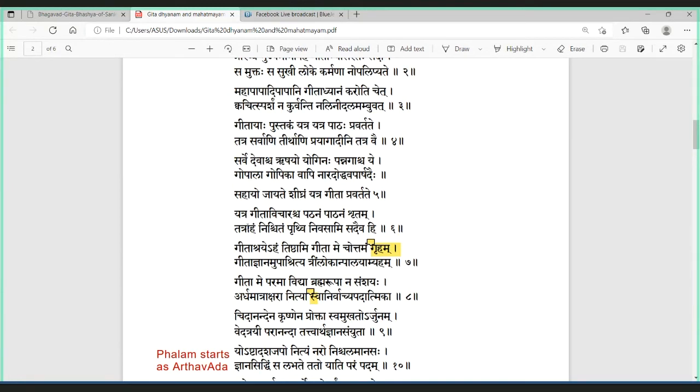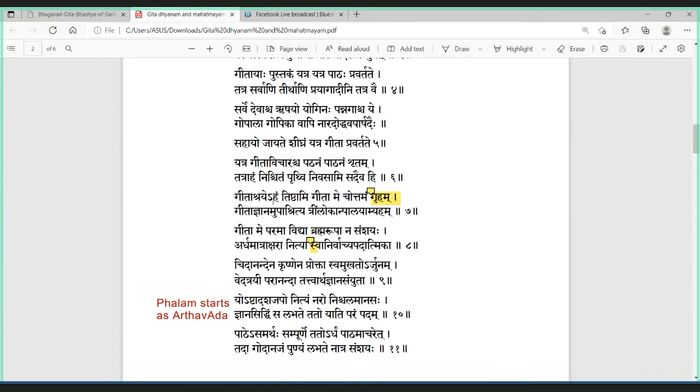Just hearing the Gita also. Wherever all this activity, meaning activities centered around Gita, Bhagavad Gita here obviously in the context. Wherever there are activities, whatever be the nature of the activity, tatra aham nishchitam, I am there. Who's saying this? Vishnu is saying this to Dharti.